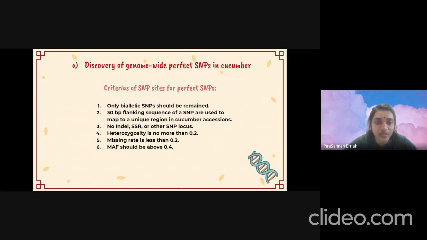The fourth one is that the heterozygosity is no more than 0.2, and the missing rate is less than 0.2. The MAF should be above 0.4. Finally, all perfect SNP loci will be sent to the Molbreeding Biotechnology company in order to conduct the multiplex PCR primer panel design.